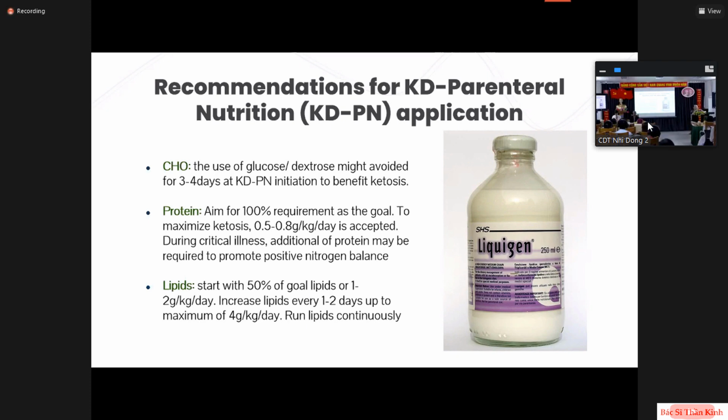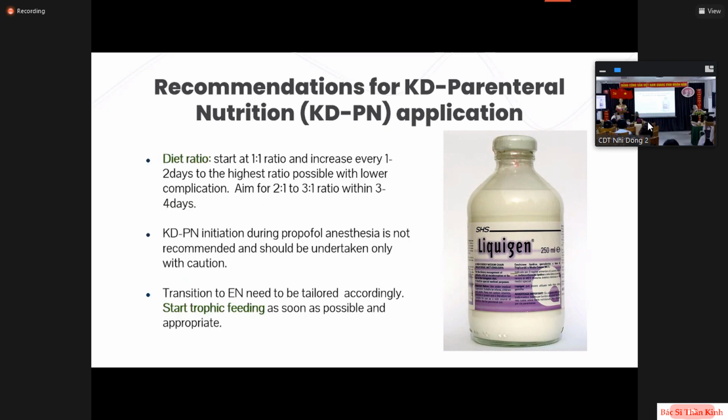During critical illness, you may need additional protein to promote positive nitrogen balance. For lipids, start with 50% of goal lipid or 1 to 2 grams per kilo per day, and increase lipid every 1 to 2 days up to a maximum of 4 grams per kilo per day, and run lipid continuously.